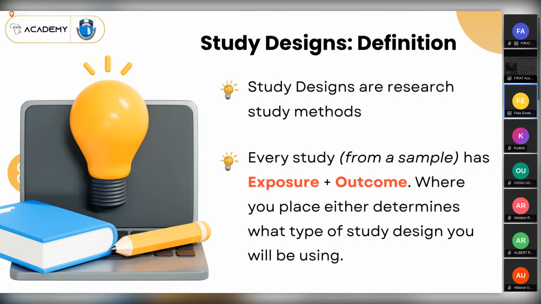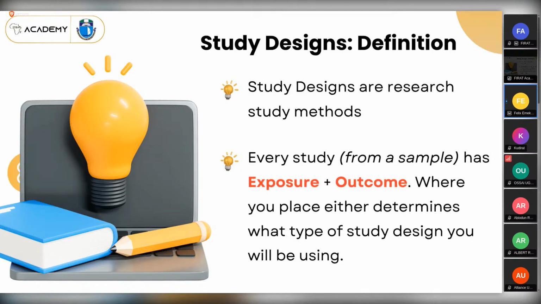Whatever it is, if you talk about the prevalence of malaria, which is an outcome, you will definitely be talking about an exposure to the malaria parasite from the Anopheles mosquito. So most of the studies we do, where we are looking for an outcome, and most times that outcome is a problem we are doing the research to solve, we would be looking for what that participant or patient is exposed to that resulted in the outcome we are interested in.